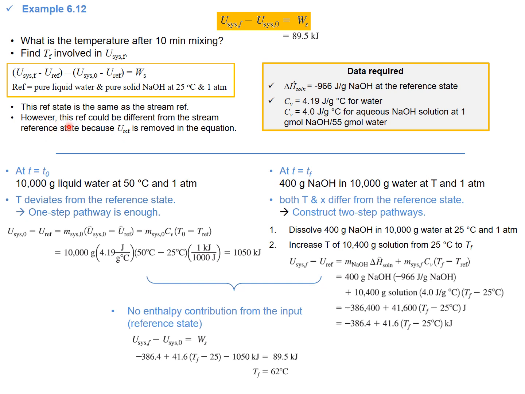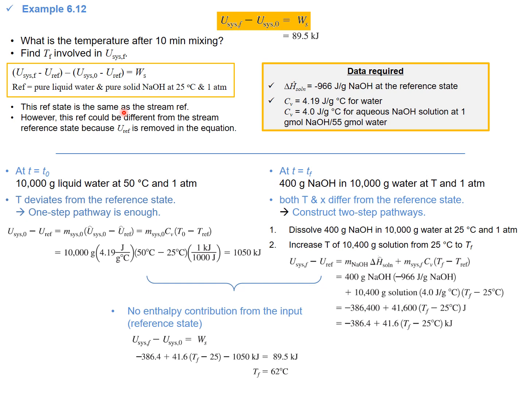However, this reference state could be different from the stream reference state because U reference, I mean reference state of internal energy, is finally removed in this equation. So you could select another reference for this calculation about the internal energy. Anyway, usually and practically we have used the same reference state.